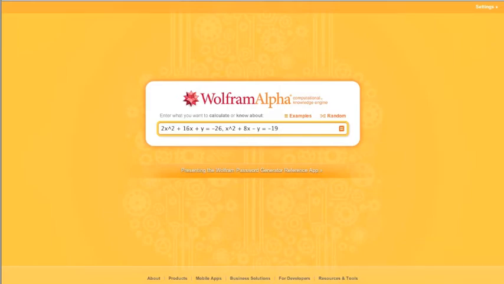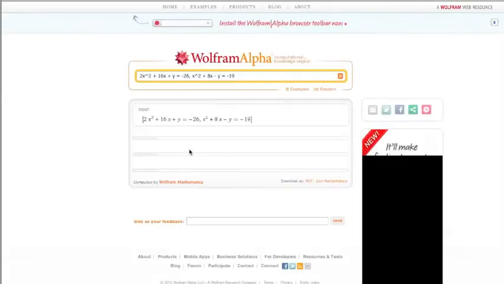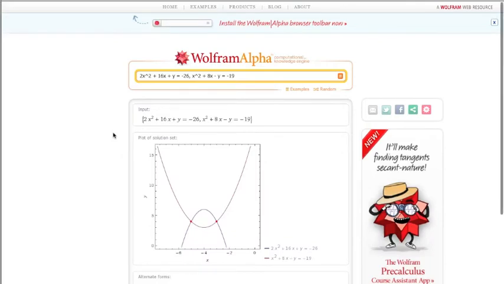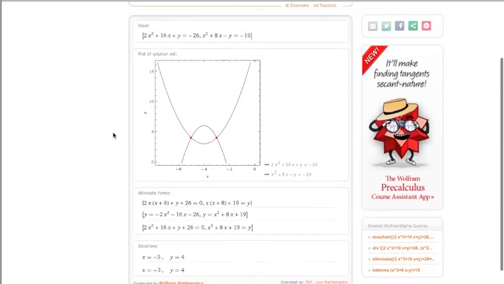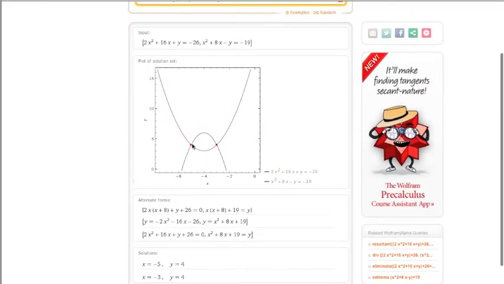Sending them out through the interweb, we see again that we have 2 parabolas crossing in 2 points, and Wolfram Alpha gives us the coordinates of intersection as x equals negative 5 and y equals 4, and x equals negative 3 and y equals 4. There they are at the bottom.